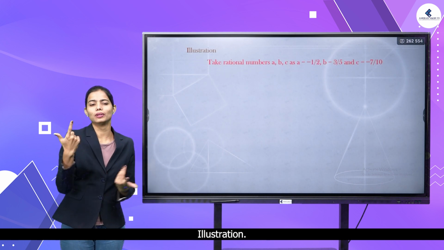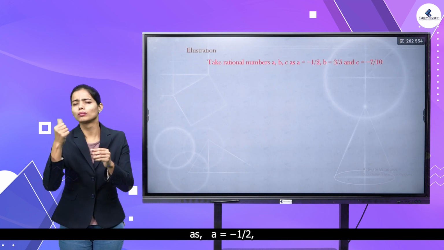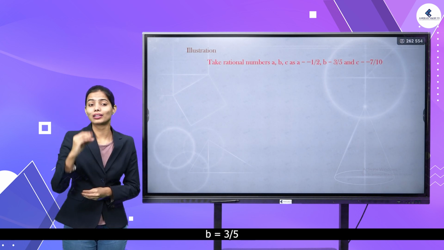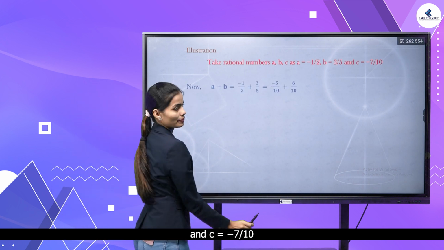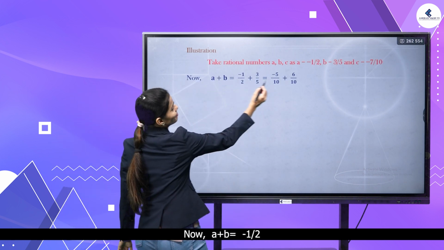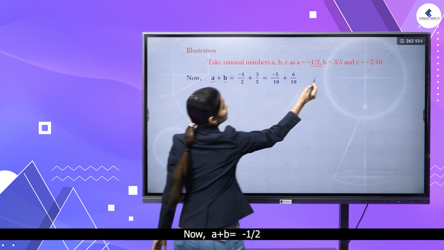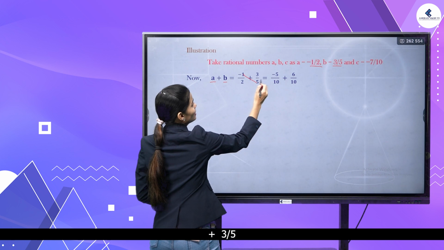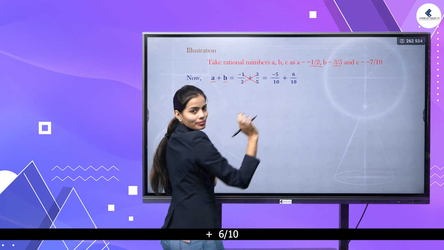Illustration. Take rational numbers a, b, c as a is equal to minus 1 by 2, b is equal to 3 by 5 and c is equal to minus 7 by 10. Now, a plus b is equal to minus 1 by 2 plus 3 by 5 is equal to minus 5 by 10 plus 6 by 10.